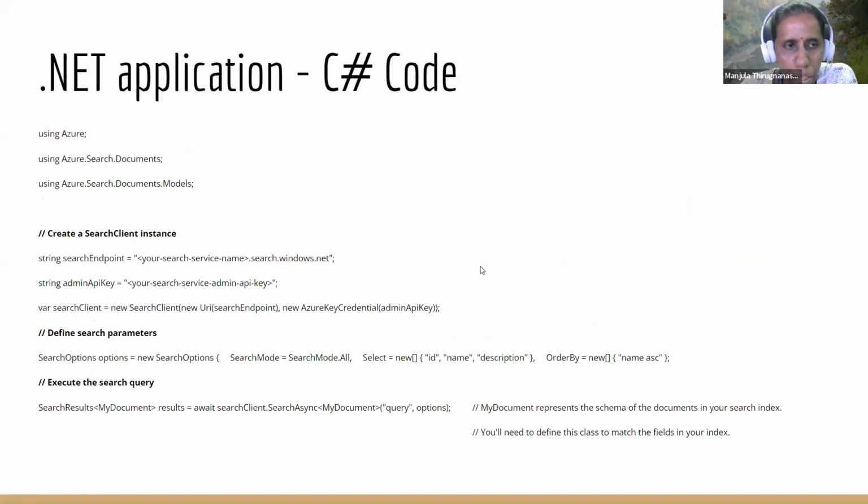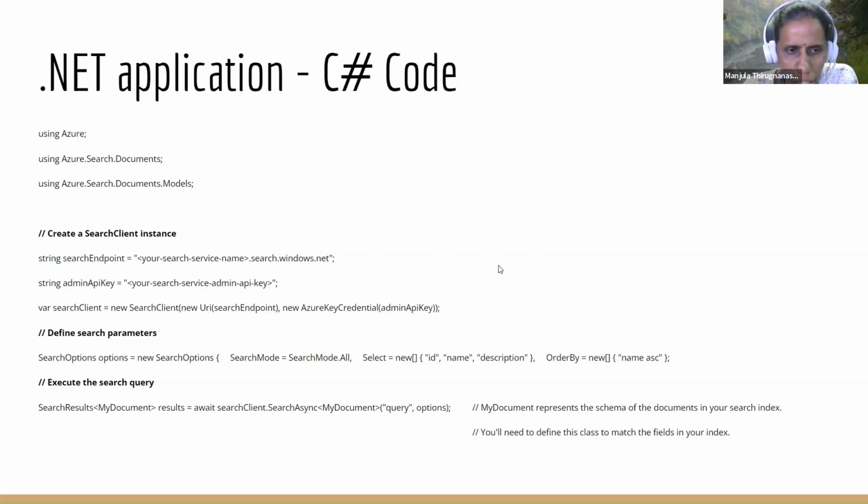So this is a sample code. It's a simple one. So we need to use Azure search documents, so we add those namespaces. After that, we need to specify the endpoint.